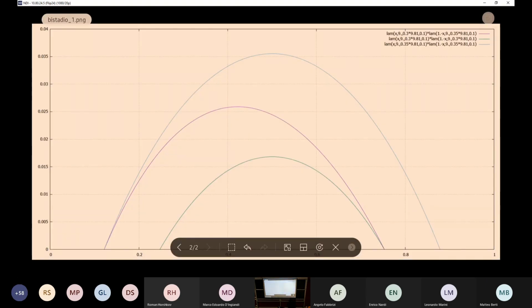So these are different plots obtained with different assumptions, really. These are the 2 stages. On the abscissa there is x, and on the ordinate we have lambda. And here you see this first curve is obtained considering the same specific impulse.